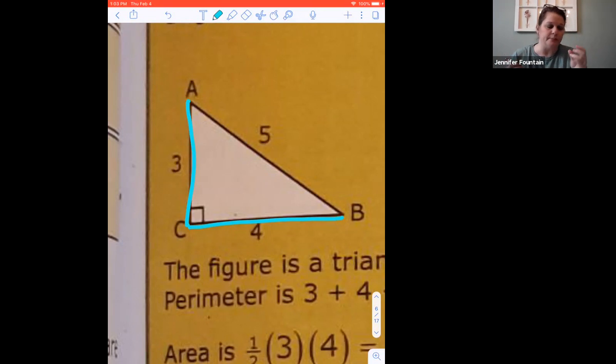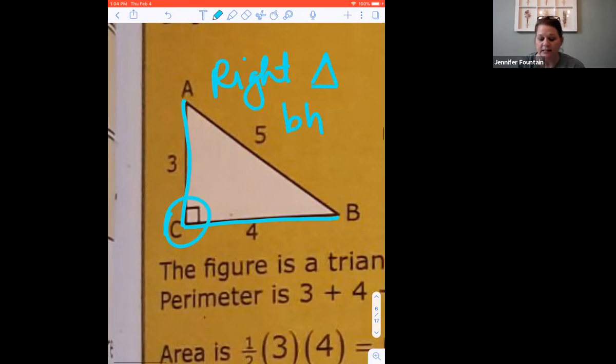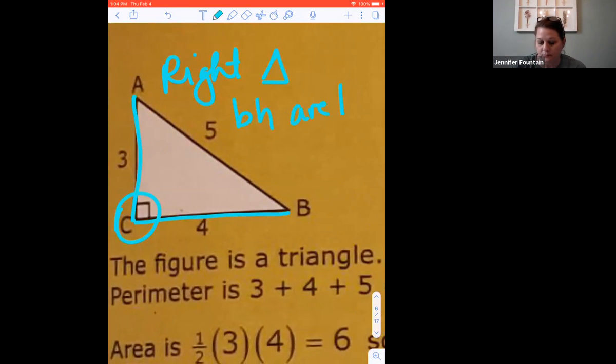So remembering that, the shapes can be turned. So whenever I have a right triangle, and this is a right triangle, and I can tell because of that right angle right there, it tells me I'm dealing with a right triangle. So with a right triangle, my base and height are the legs of the triangle. Okay, so my base and height are the legs of the triangle. Does anybody remember what this side of a right triangle is called?